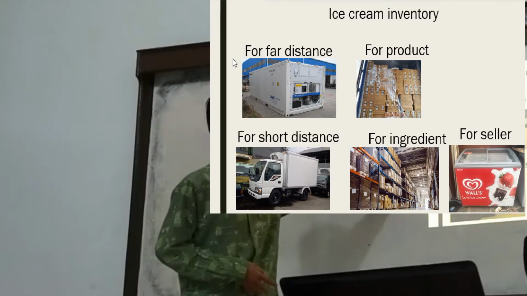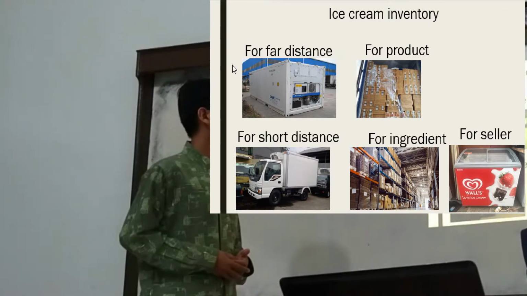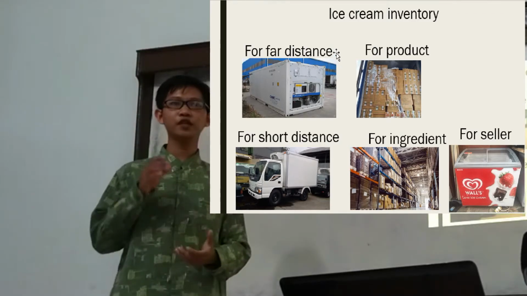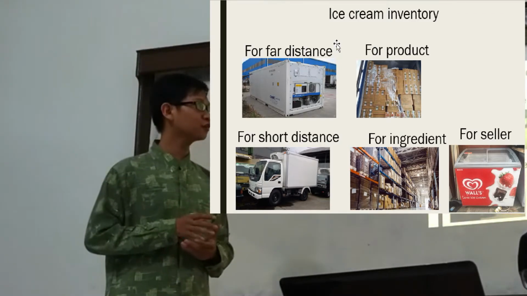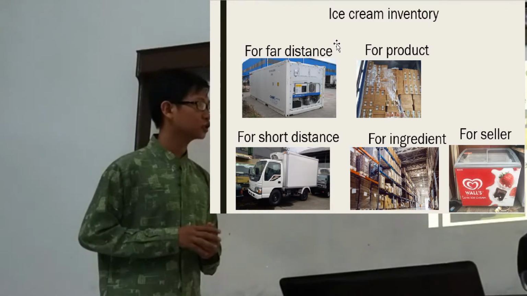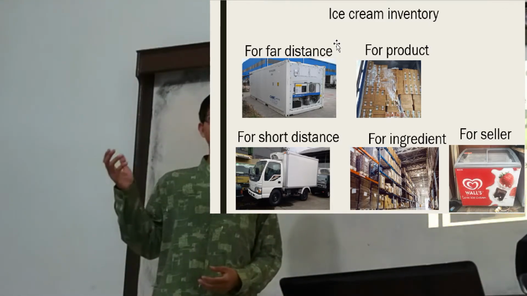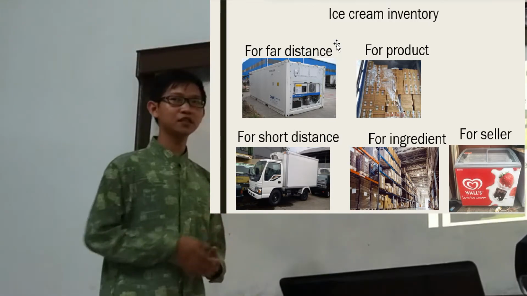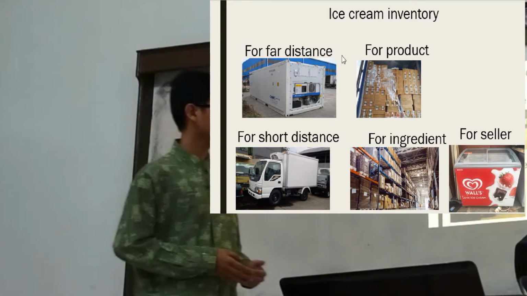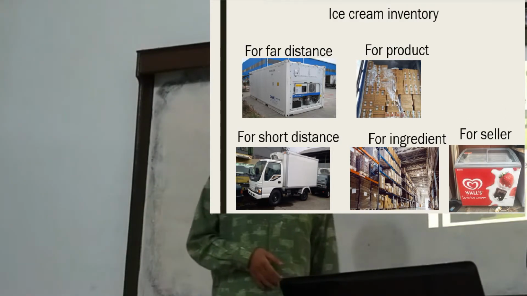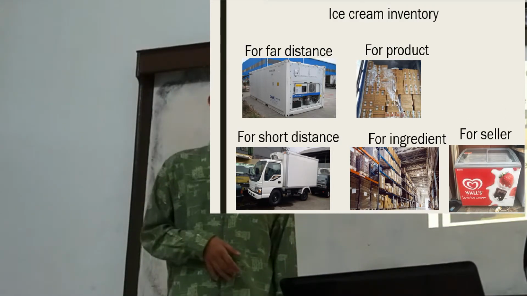So this is the inventory that we need. Because we transport the ice cream, the inventory has to keep the environmental condition still cool. And the last is when the product comes to the customer, we need the inventory at the customer. This is like usually in our daily life.